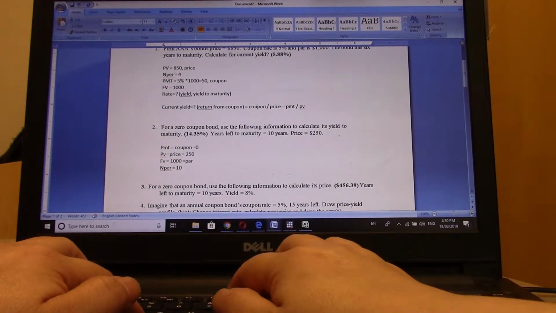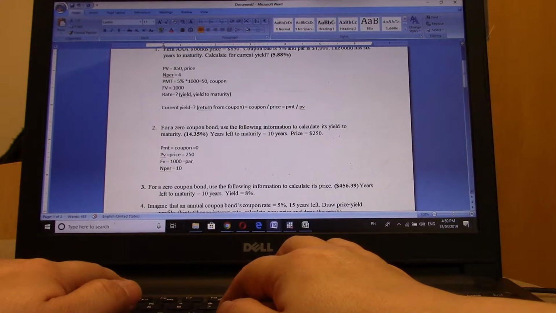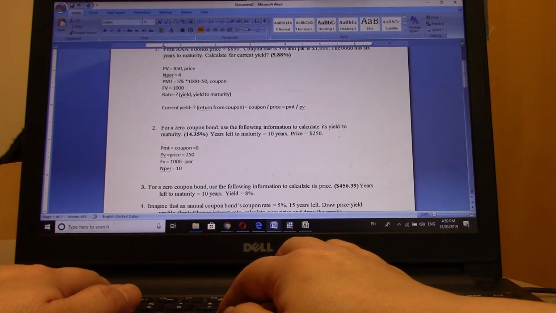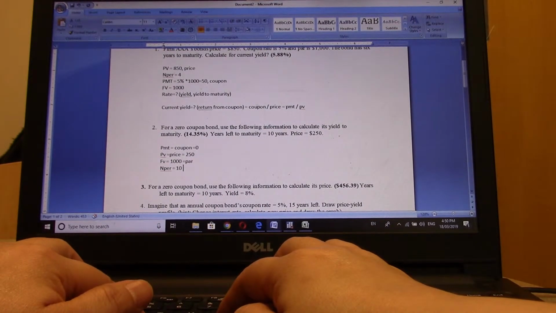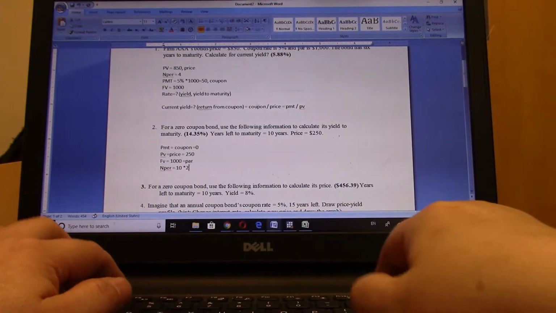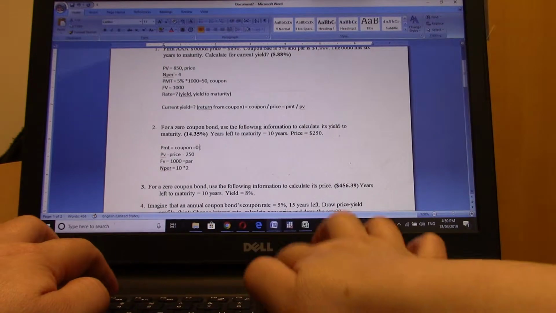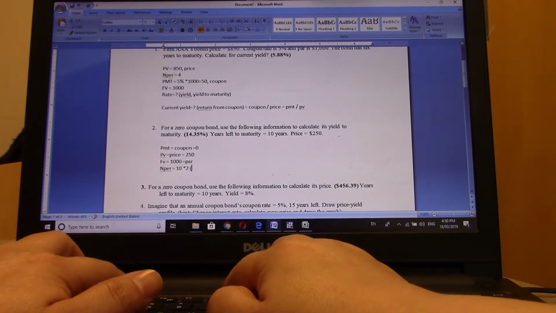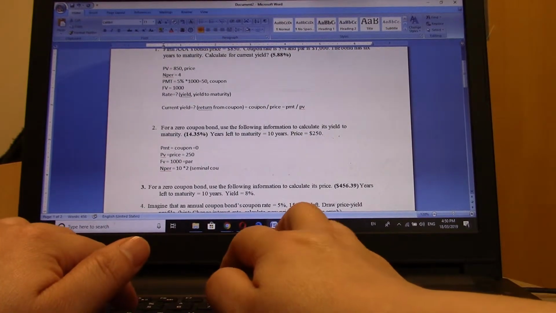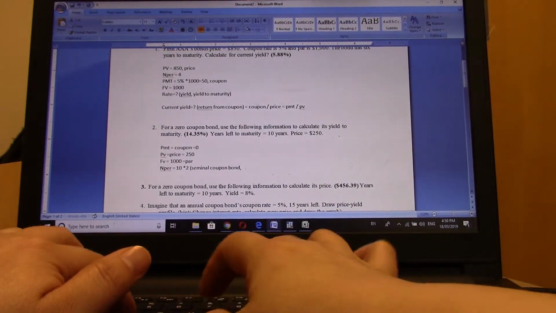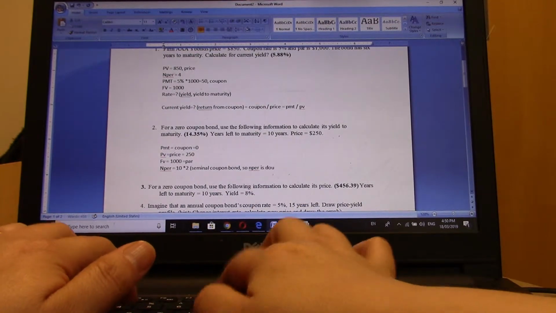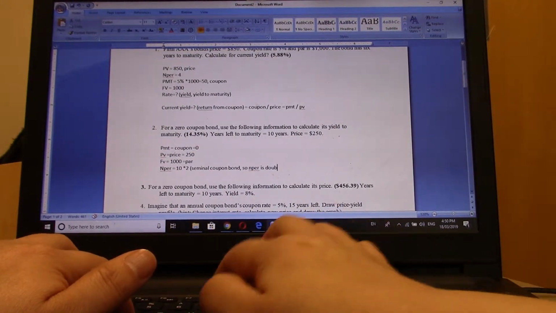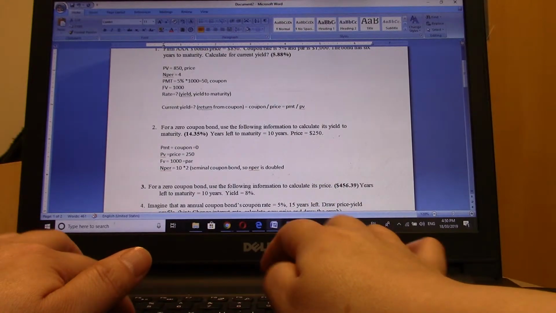But however, for a zero coupon bond, you should consider this as a semi-annual coupon bond. It's just like the company will pay coupon twice a year. Even though there's zero coupon, you still consider it this way. So N should be 10 times 2, and that means it's a semi-annual coupon bond. So N is doubled.